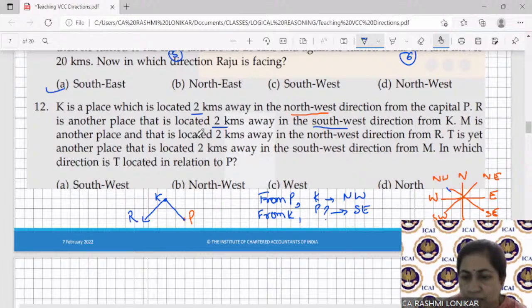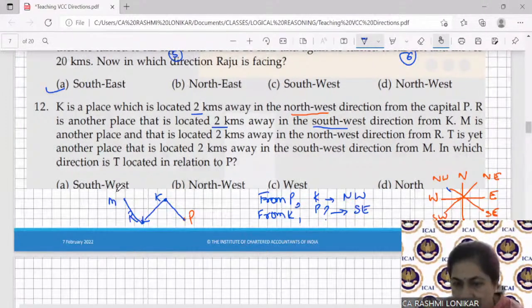M is another place located 2 kilometers away in the northwest direction from R. This is R. Where is the northwest direction? This direction. So M is in the northwest direction from R.